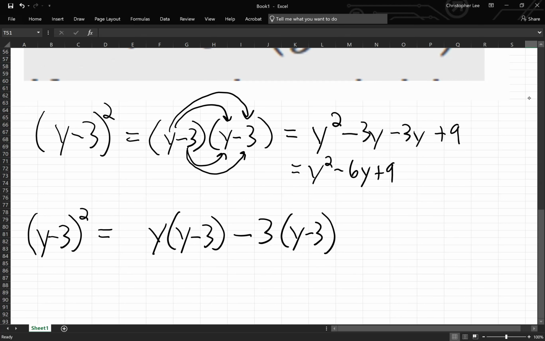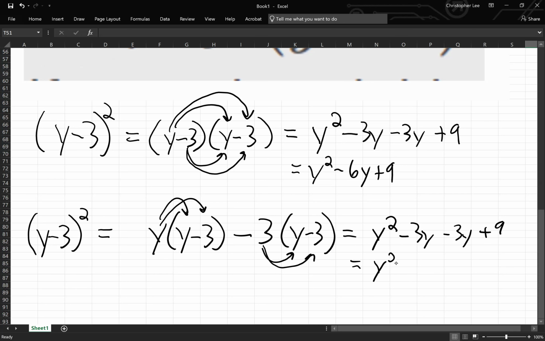It's another way we could do it, and then just distribute and combine like terms. Bam, bam. So we get what? Y squared, y times y, then y times negative 3, negative 3y, then negative 3 times y, negative 3y, then negative 3 times negative 3 plus 9. Combine like terms, we have y squared minus 6y plus 9.